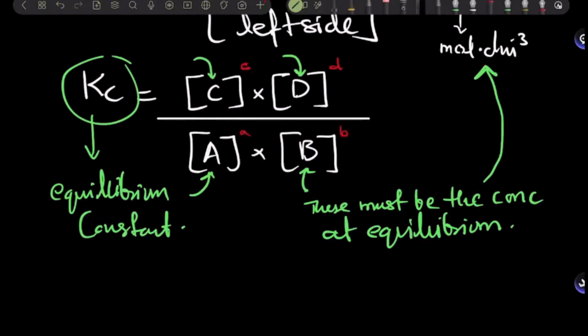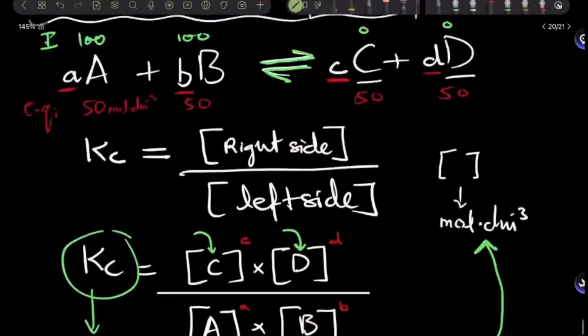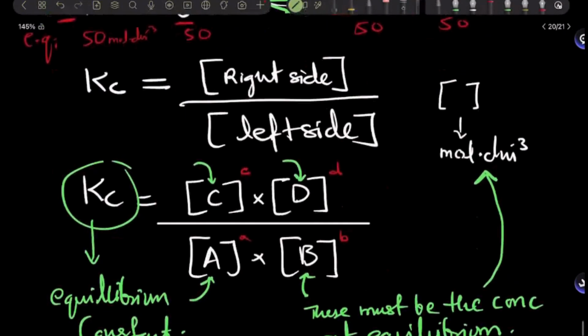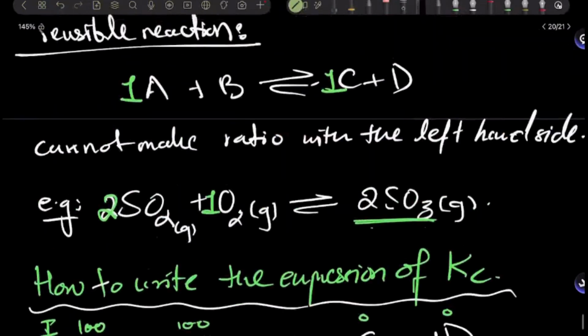Now there's an important thing that you need to consider over here that is related to homogeneous and heterogeneous equilibria. Remember that in homogeneous equilibria, you do not have to worry about which substance you have to write and which substance you don't have to write, because in homogeneous equilibria, either all of them will be in gaseous state or all of them will be in the same solution. That means they will be in the same phase or in the same state, always in homogeneous equilibria. All right.